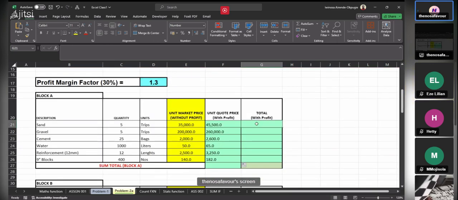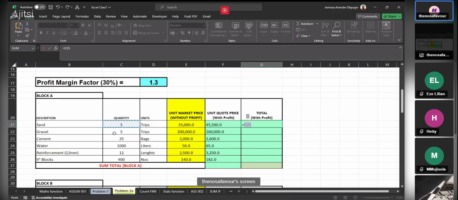So that means equals to, this is the quantity, times unit quote price with profit. That is this now. Alright? Times this and hit enter. So this is our total.